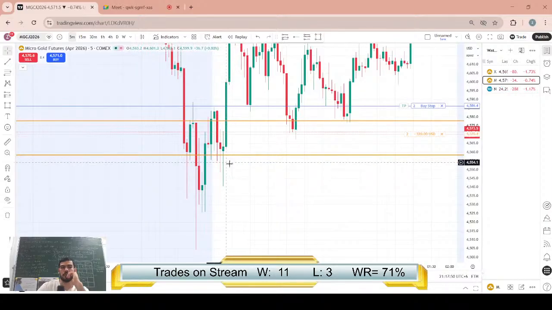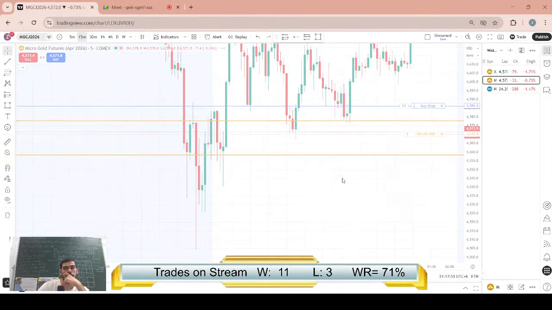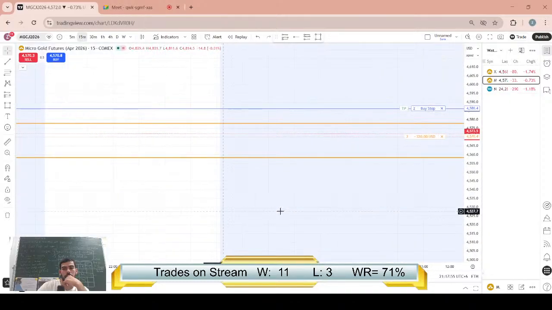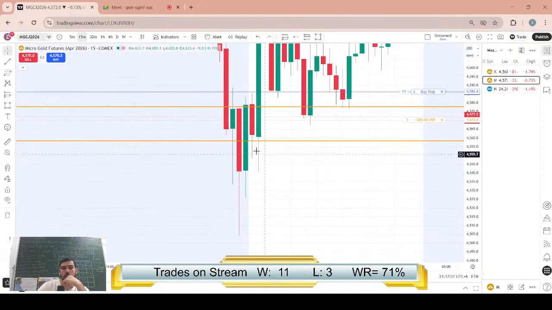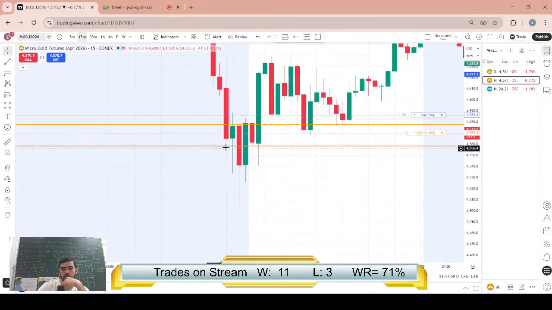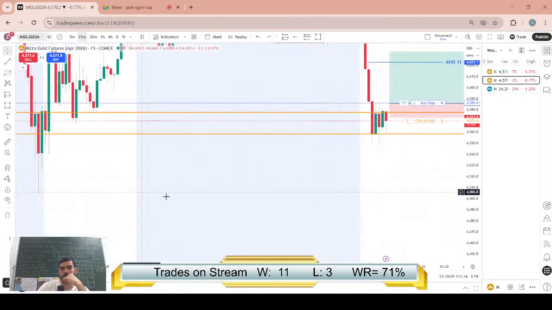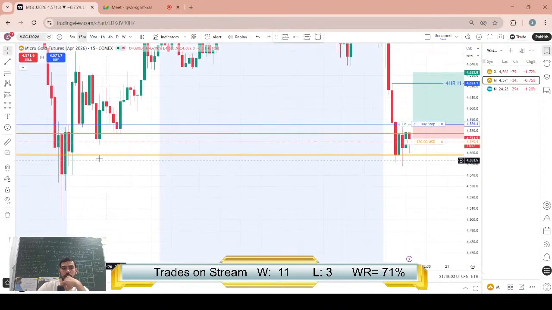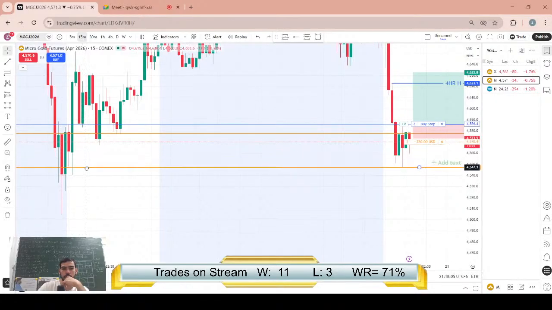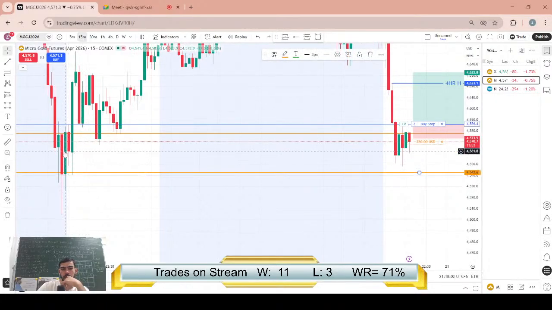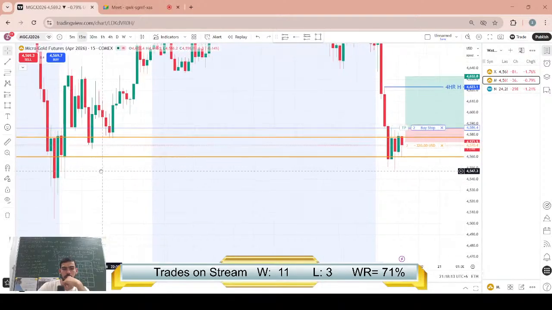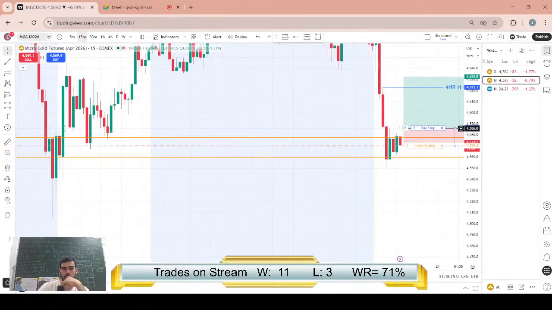It created the support. Look right here, there was a red candle, then a green candle. It's actually the same but a little bit bigger, like till here. So it created the support, and then above this area, it just broke.